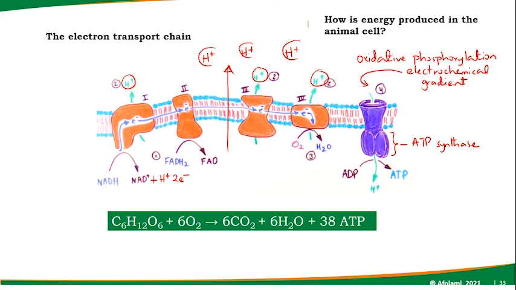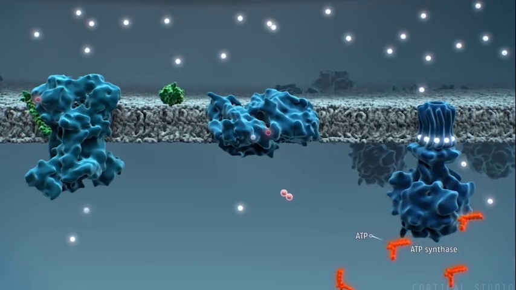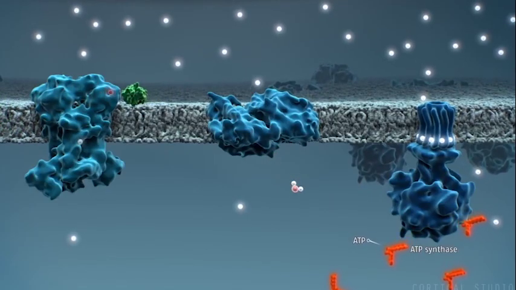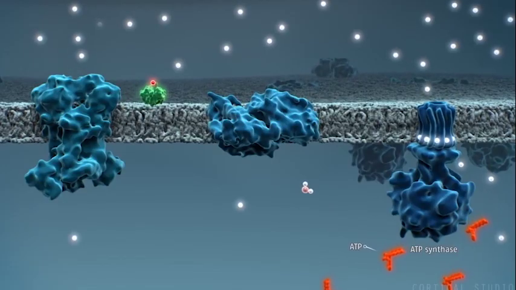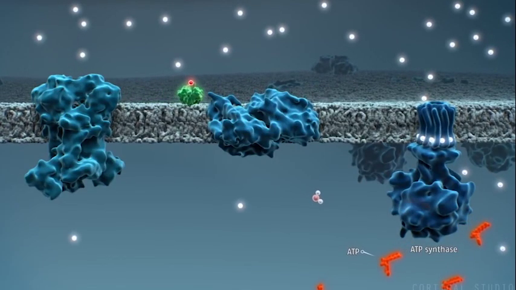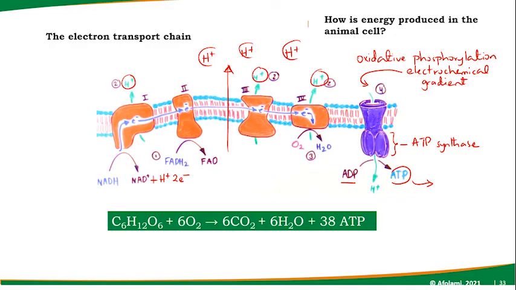In the process of powering the ATP synthase, you need to really see the video to understand it. It generates ATP from ADP, and actually this is how ATP is generated in the animal cell.